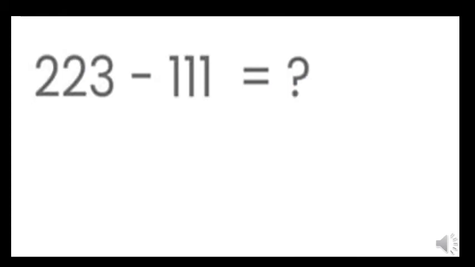The first example is 223 minus 111. Let's do the subtraction. What is subtraction? We just remove things from the existing numbers. So we remove 111 from 223. What we have done in addition, we have to do in subtraction also.